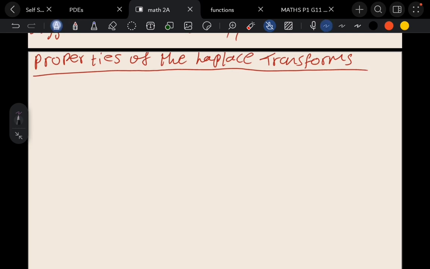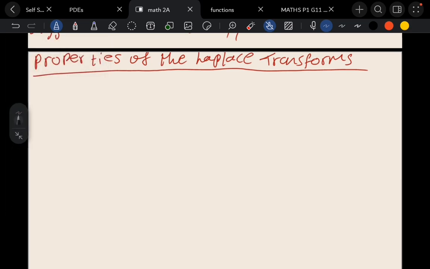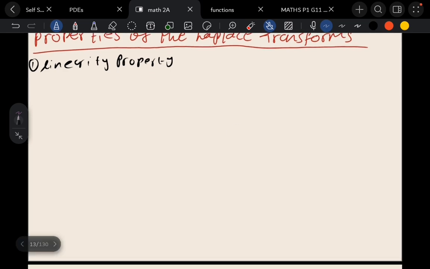Right. The first property that you are going to do here is called the linearity property.